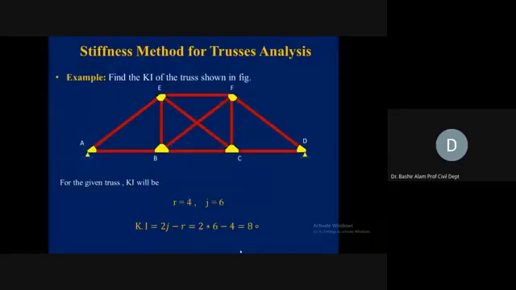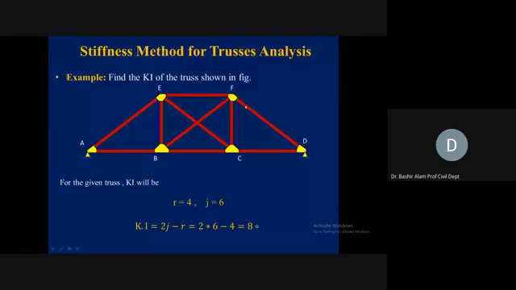Now, let's explain this process with some examples. This truss is given with joints A, B, C, D, E, and F. So it has 6 joints, and you can count the number of members. Find the kinematic indeterminacy of the truss shown in the figure. At A, we have a hinge support, and at D we have a hinge support.